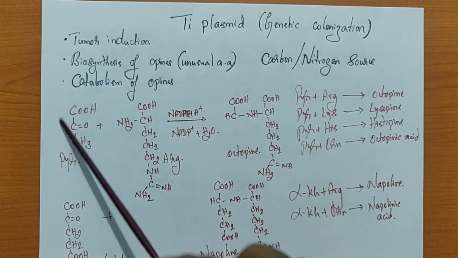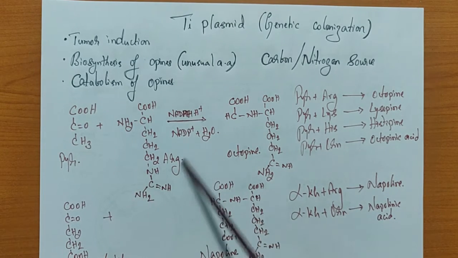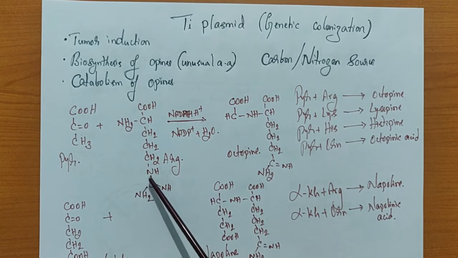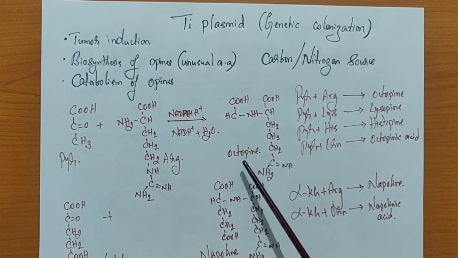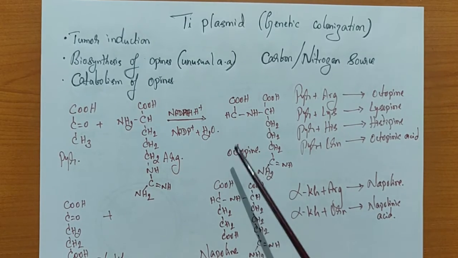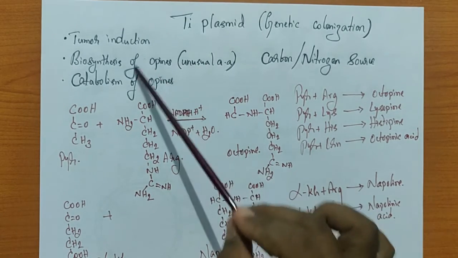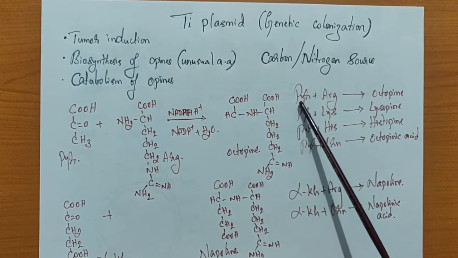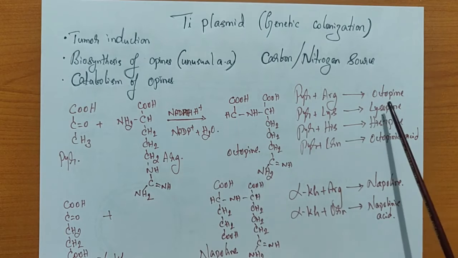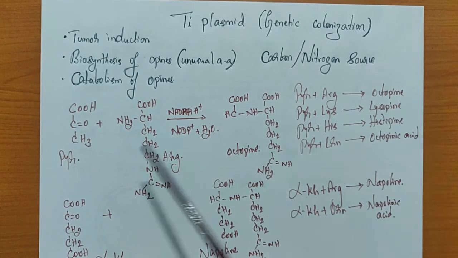So the keto group of pyruvate is important, and the alpha amino group of an incoming amino acid is very important. That results in the synthesis of what is known as an octopine. So octopine synthase produces several opines. For example, pyruvate with arginine will provide octopine.